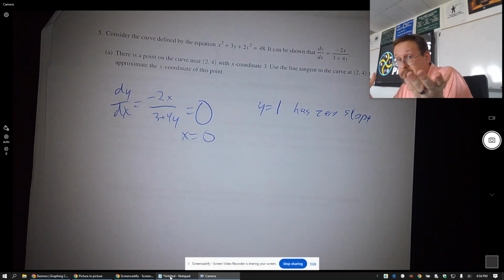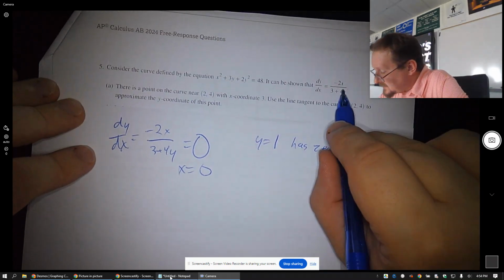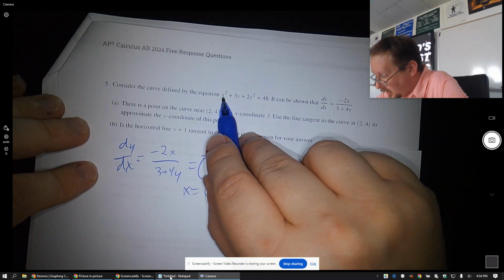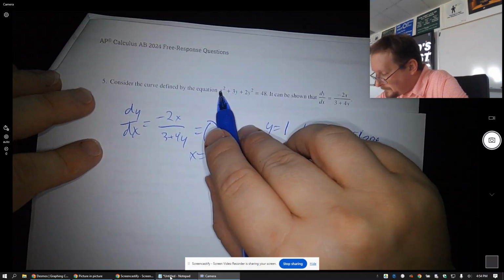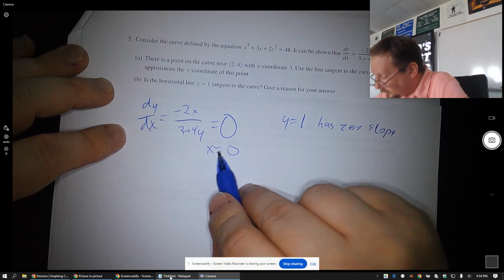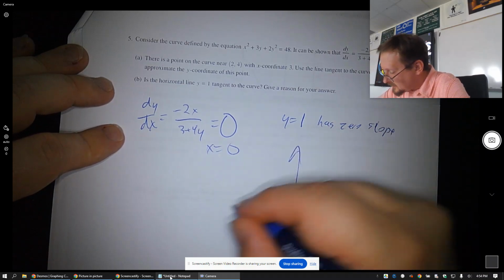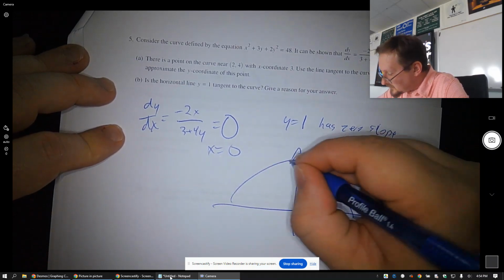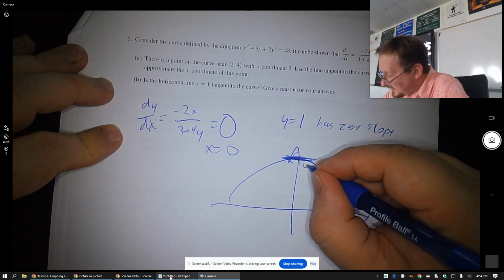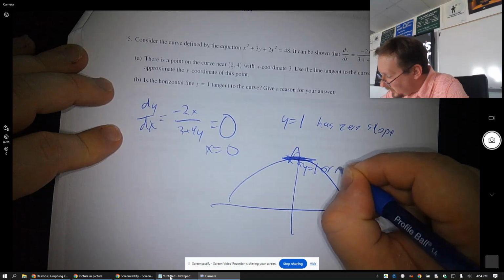All right, so then if x equals 0, what is the coordinate? Whatever this snaky thing looks like, at x equals 0, it has 0 derivative. But the question is, is y equals 1 or not?